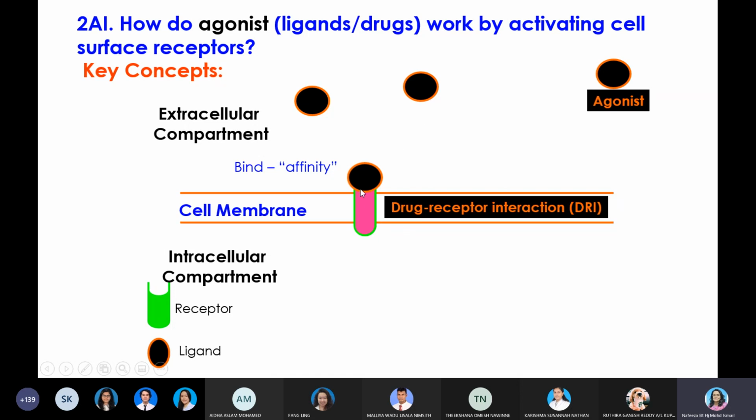Once it combines to the receptor, it activates the receptor. There will be cell signaling in the cell. We won't go through it now. We will go through it when we talk about the systemic lectures, for example, asthma lectures. Once it's activated, there will be cell signaling, and this will provide a clinical response which you see in your patient.